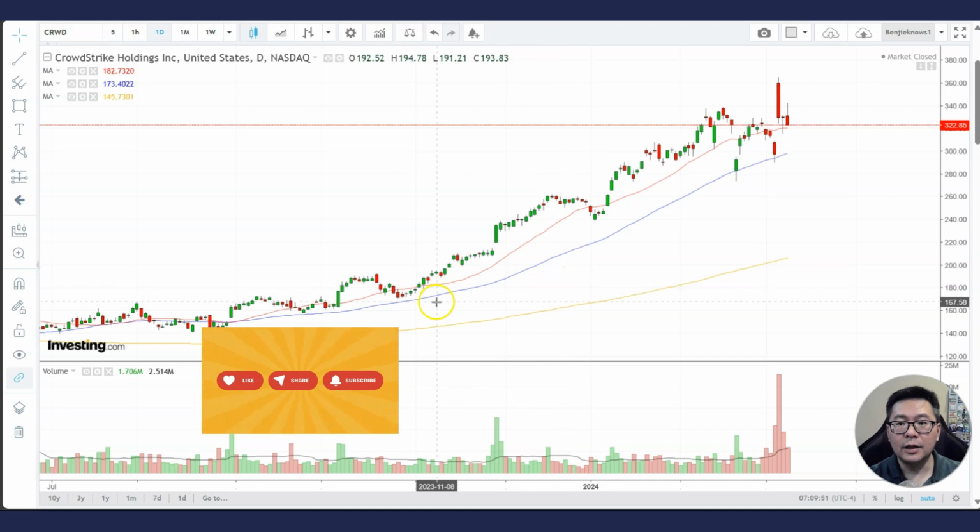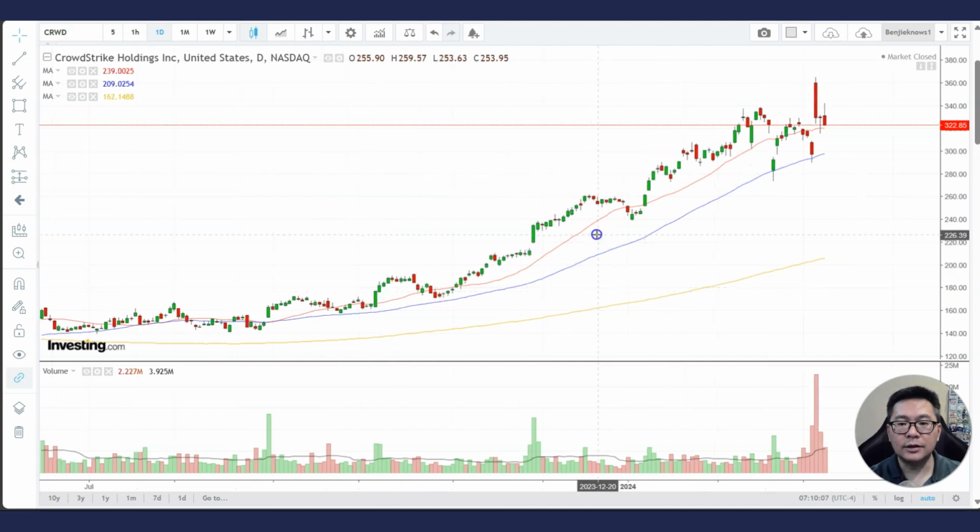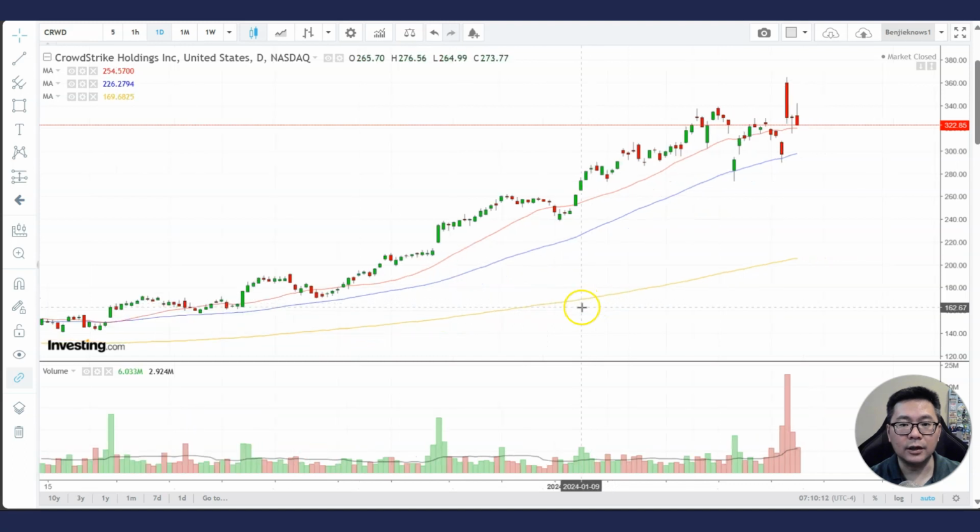As you can see, the stock is in a very nice uptrend. By looking at the chart, it's moving from the lower left to the upper right, making higher highs and higher lows. And when the stock is in a very nice uptrend, it does produce a lot of trading opportunities.